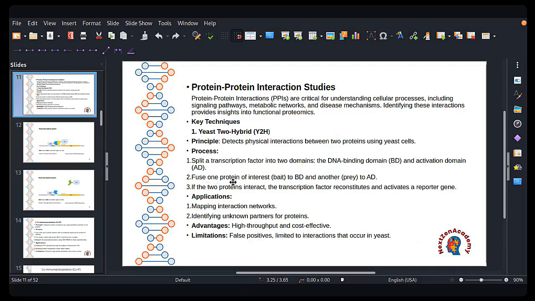Okay, fuse one protein of interest to BD, मतलब बाइंडिंग डोमेन पे हमने एक प्रोटीन डाला, प्रोटीन ऑफ इंटरेस्ट, और दूसरा हमने डाल दिया एक्टिवेशन डोमेन पे, AD पे, तो उसको हमने बोला प्रे। If the two proteins interact, the transcription factor reconstitutes and activates a reporter gene. अब रिपोर्टर जीन एक्टिवेट हो जाएगा अगर इन दोनों का आपस में इंटरेक्शन हुआ तो। आया समझ में? अंडरस्टूड? एनी डाउट?